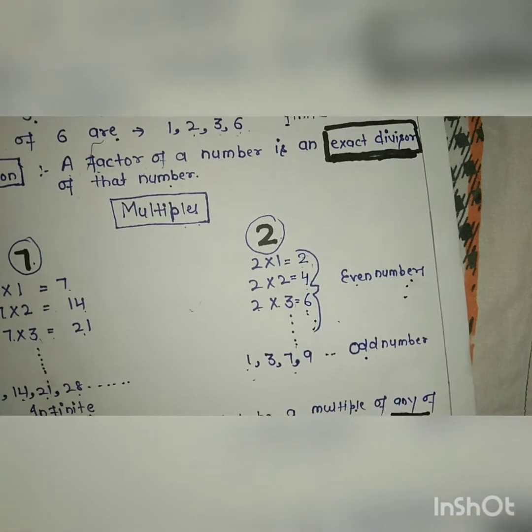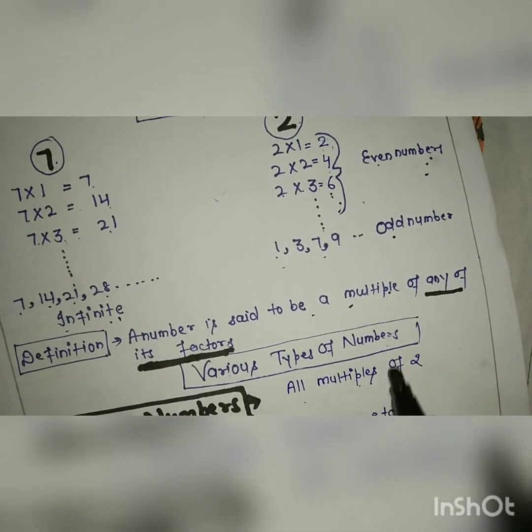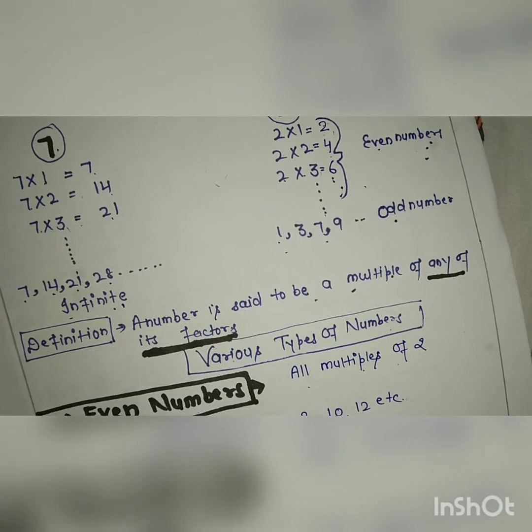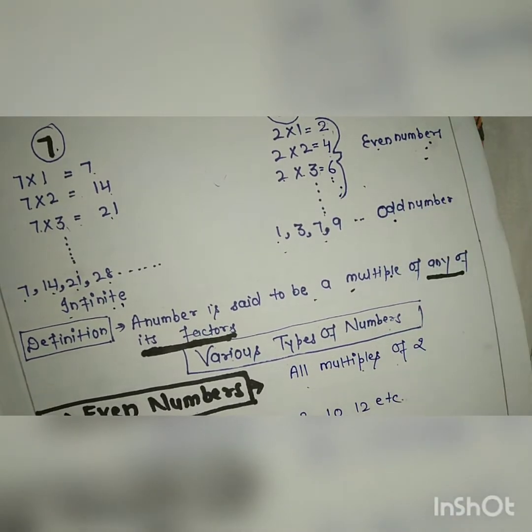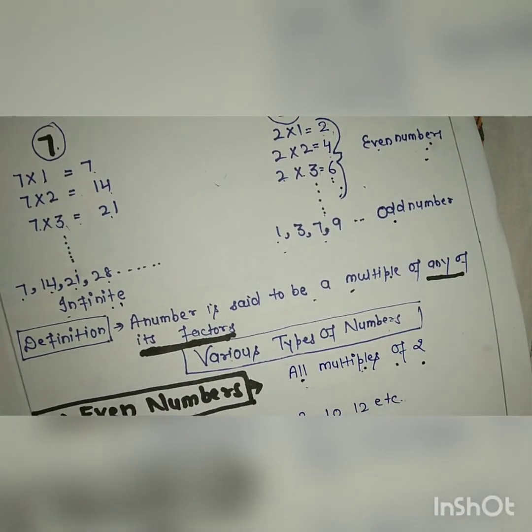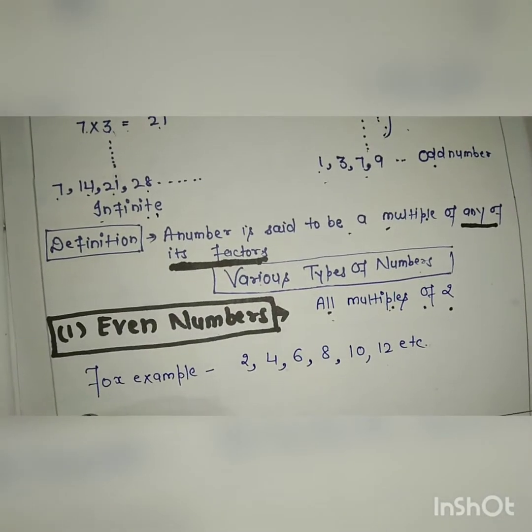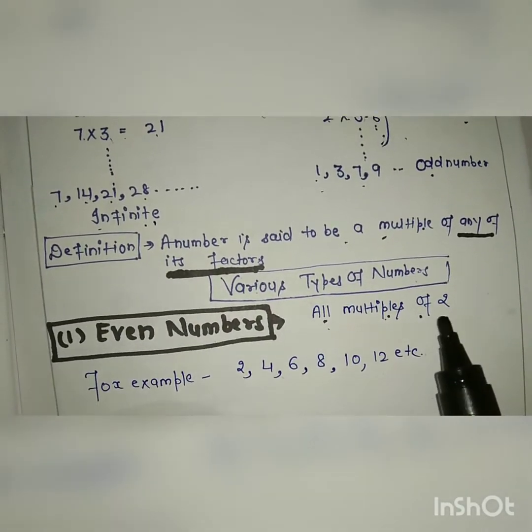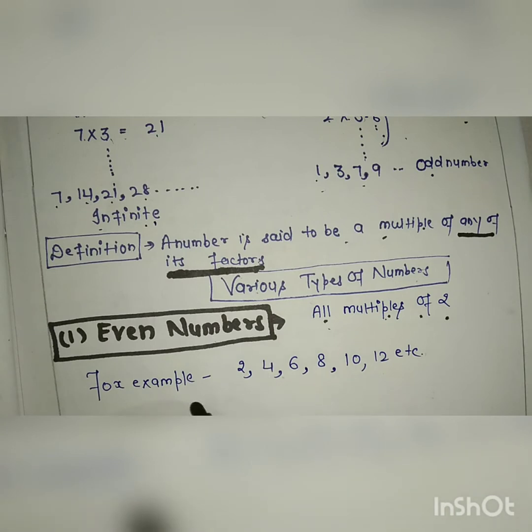Now various types of numbers. First of all, even numbers. All multiples of 2 are called even numbers. For example, 2, 4, 6, 8, 10, 12, etc.